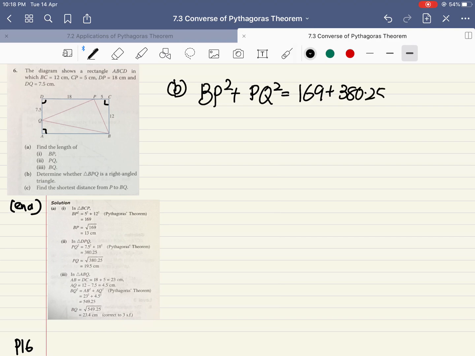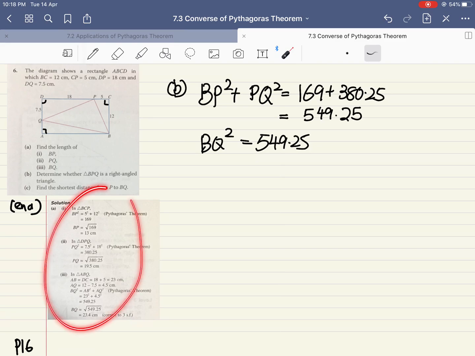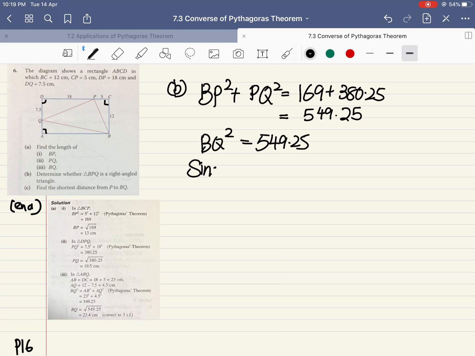So for part B, determine if BPQ, let me just dive into the answer itself. BP square plus PQ square is equals to 169 plus 380.25, which we found earlier. So this answer here gives me 549.25. Similarly, BQ square from earlier is also equals to 549.25. All these values were gotten from here.